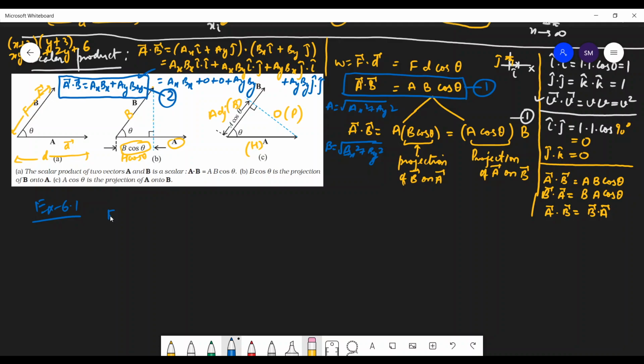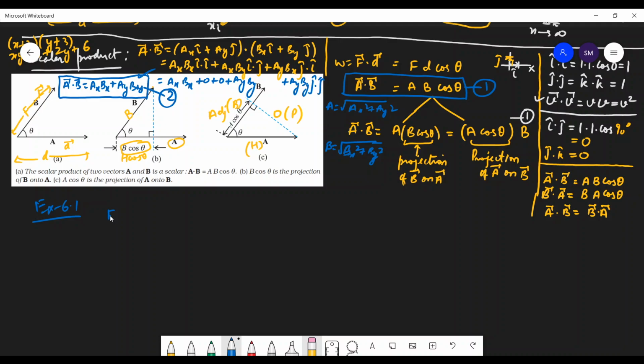F dot F is F square, and that's equal to Fx square plus Fy square plus Fz square. So F is equal to under the root of this. So anyway, you can write this. So I will get this as root 50 units, and I will get this also as root 50 units. Both are same. So I have got this F, I have got this D.